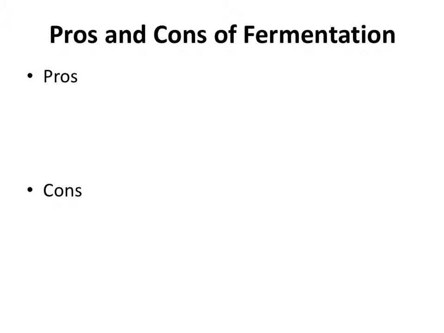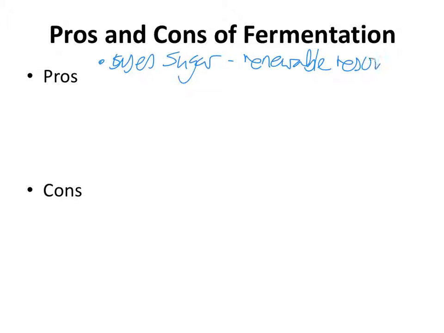So here we've got the pros and the cons of fermentation. Now the pros, what a big pro, is it uses sugar. So it uses sugar, which is a renewable resource. We can grow it very, very easily. I say very easily, but it's a lot easier, should I say, to produce sugar than it is to produce crude oil from scratch.